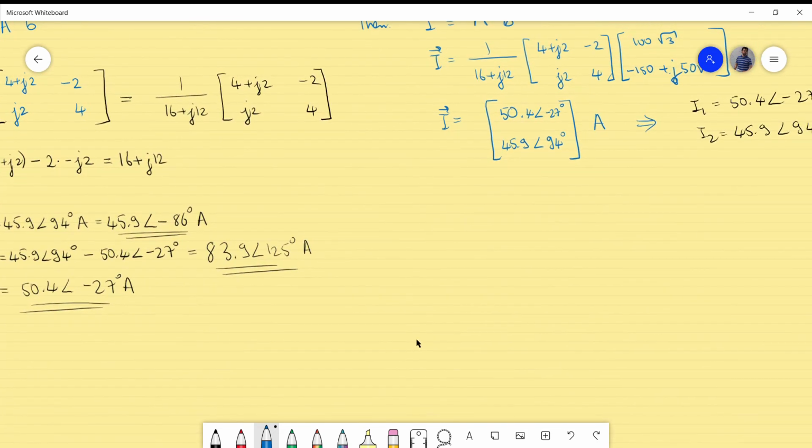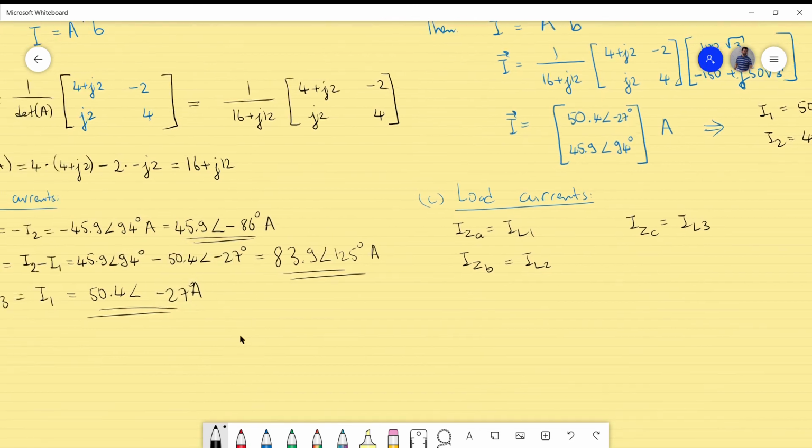Question C was the load currents, and I can say IZ of A, which is IL1, IZ of B, which is IL2, and IZ of C, which is IL3. We have all determined that, so it's shown here, all of them.